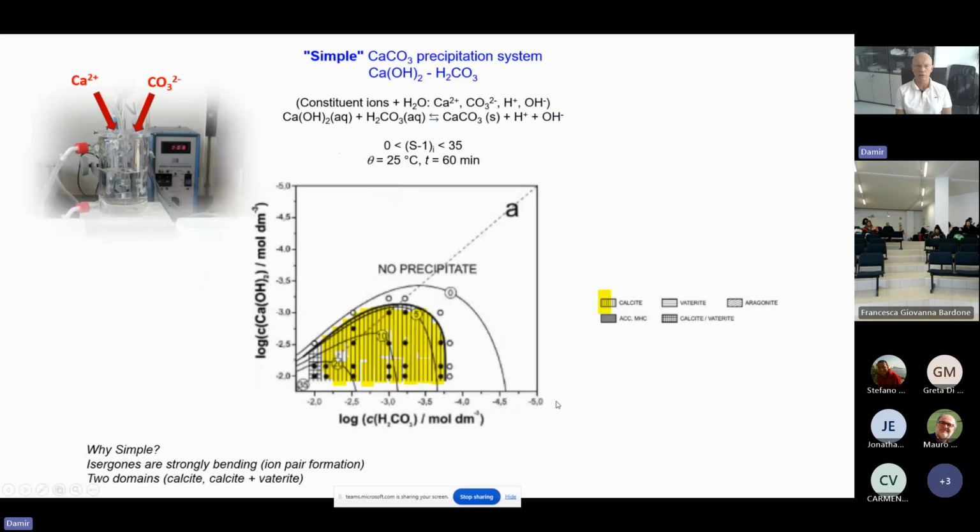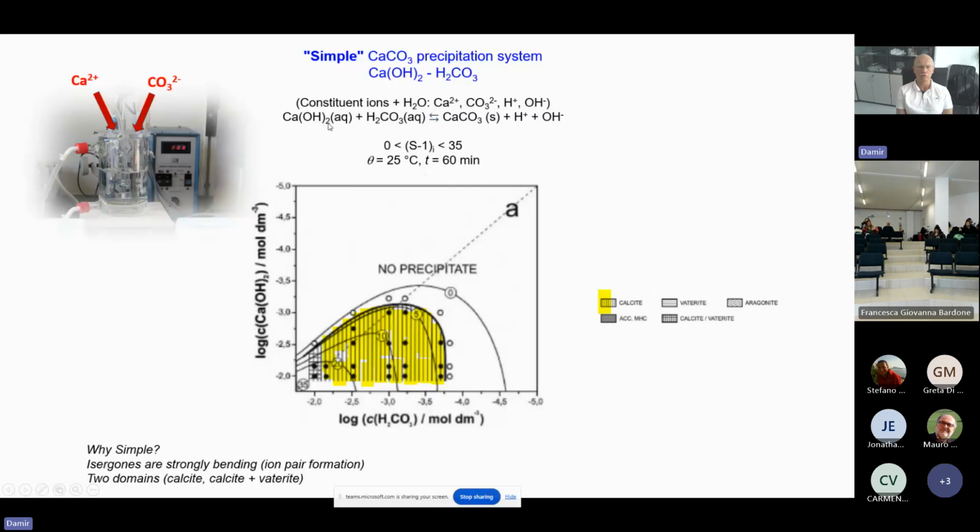So we'll start with what we call the simple calcium carbonate precipitation system. Why do we call it simple? We call it simple because we prepare the precipitation system by mixing calcium and carbonate components which contain only calcium and carbonate ions.